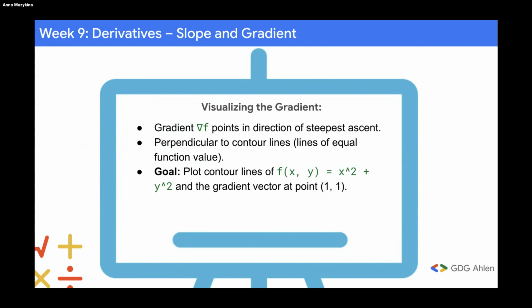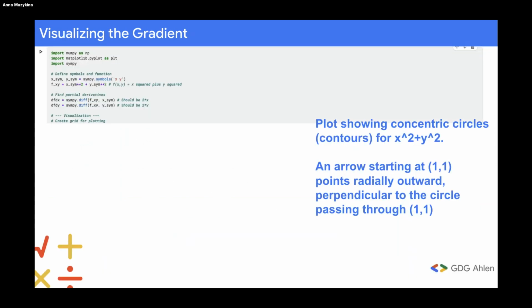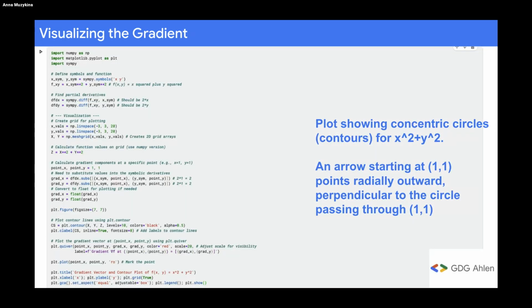Its level curves are circles centered at the origin. This code first uses sympy to find the partial derivatives, df dx and df dy.